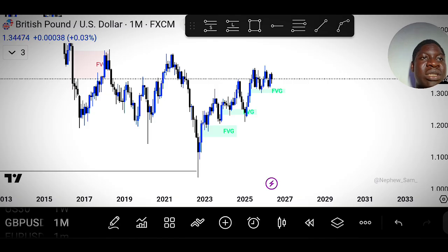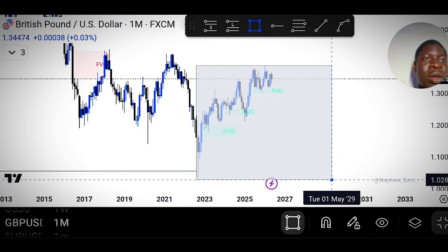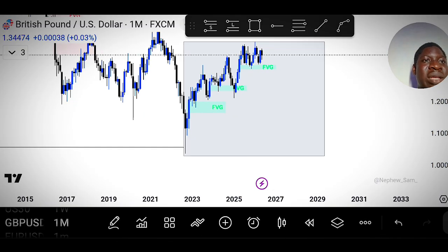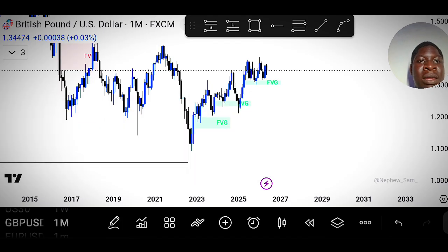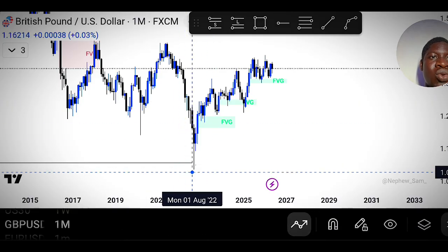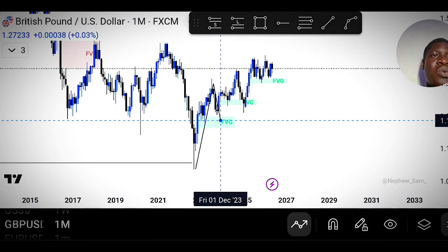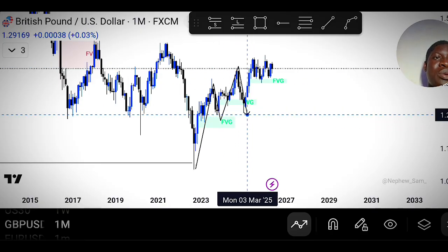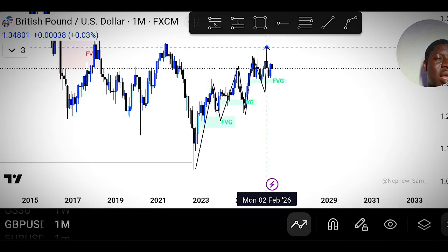Now from this area to this area, what are we seeing? We are seeing a series of higher high and higher low, higher high and higher low. Let's use our parts. So we are seeing a series of higher high, higher low, and we are expecting another higher high.